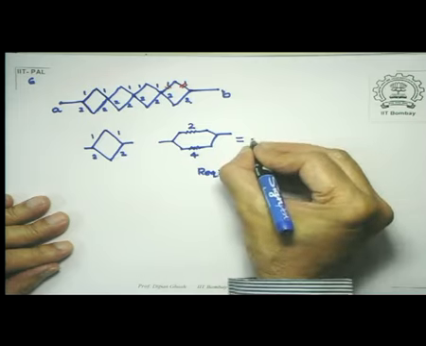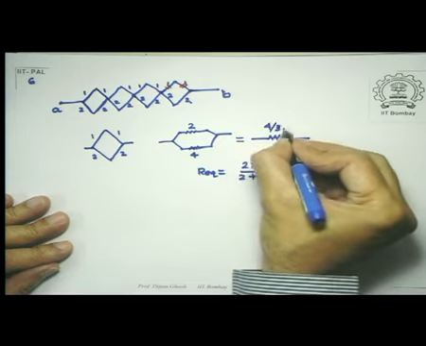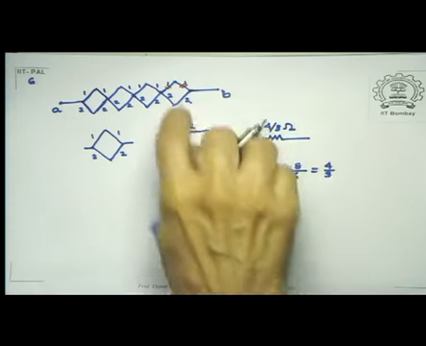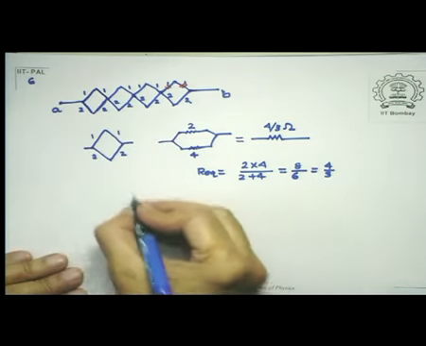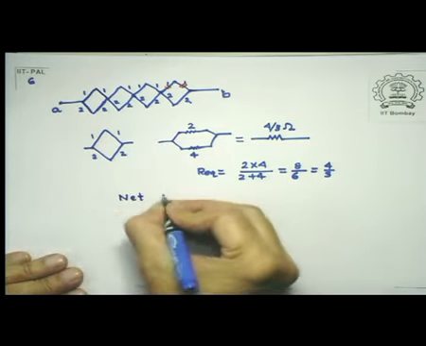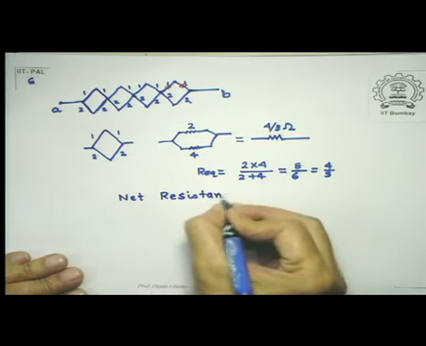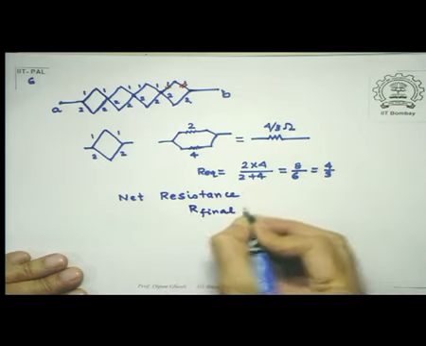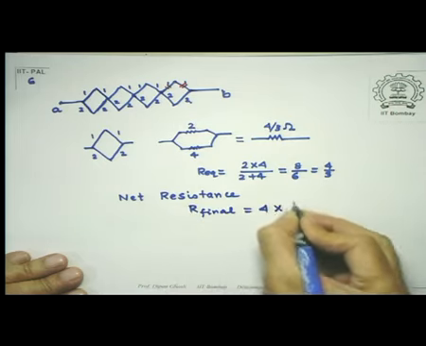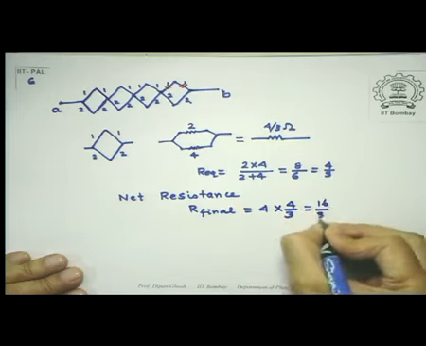So this is nothing but a single 4 by 3 ohm resistance. And 4 of them are connected in series. So therefore, net resistance of this combination is 4 into 4 by 3, which is equal to 16 by 3 ohms.